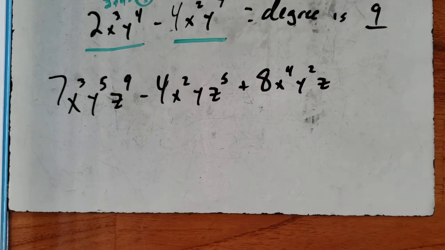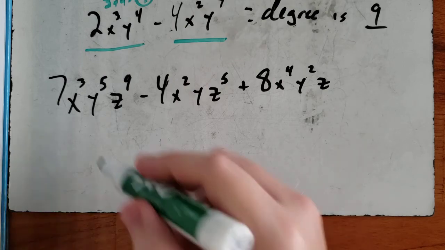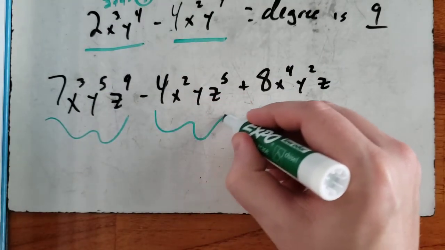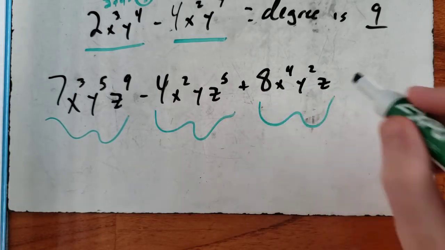So once again, we are looking at the exponents of our variables. We have 3 terms here: 1, 2, 3.